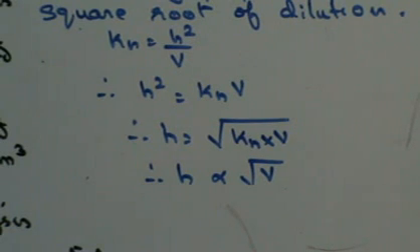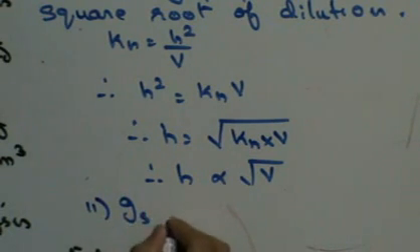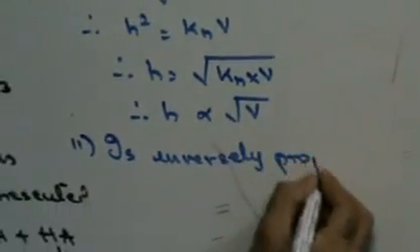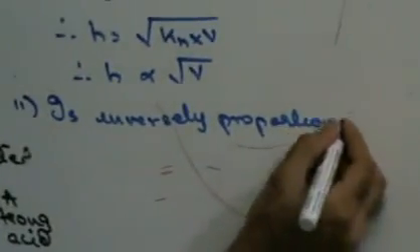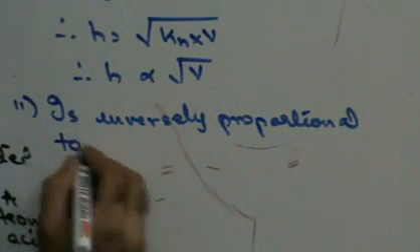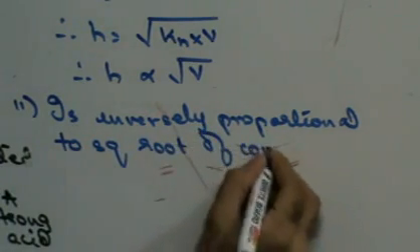So what we understand is that the degree of hydrolysis of a salt of strong acid and weak base is directly proportional to the square root of dilution, or we can also say it is inversely proportional to the square root of concentration.